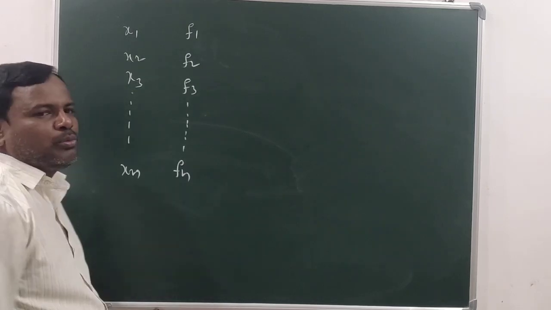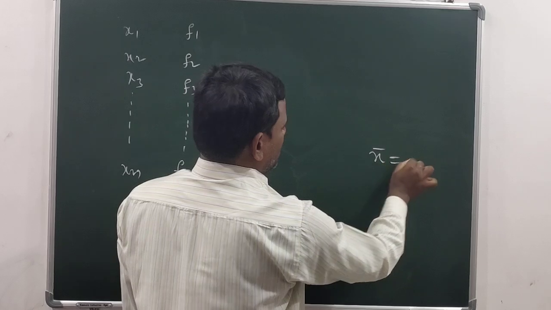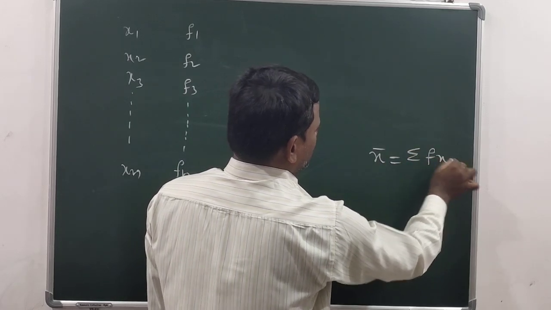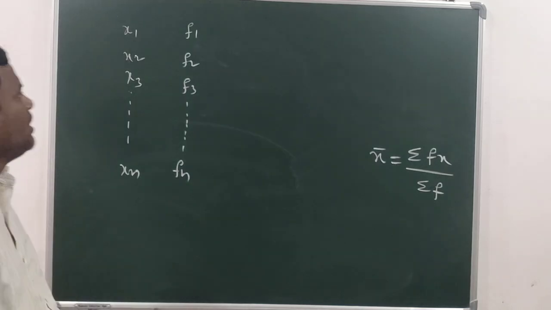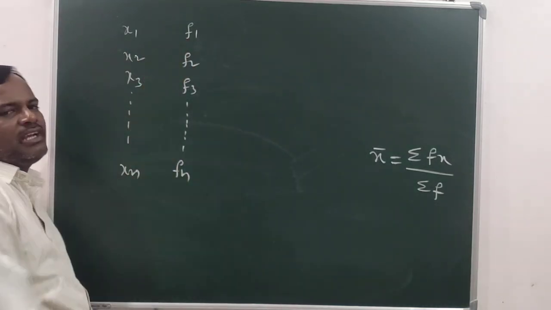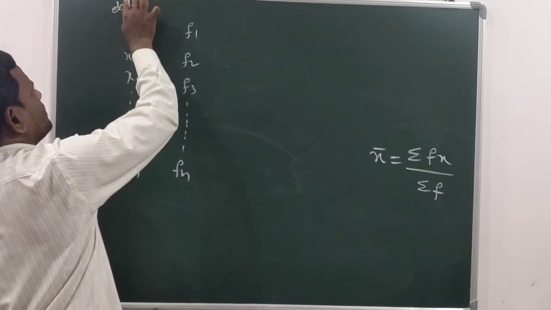Now in this case, how to find the mean of the data, you know. You use sigma fx by sigma f, that is nothing but n. x1 is one observation repeating f1 times. So these are the observations.